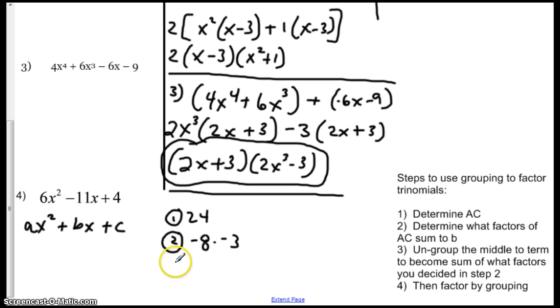Once I've made that decision, now I can ungroup this middle term so that I can do grouping. So we're going to separate negative 11x and make it negative 8x and negative 3x. So the first term stays the same. And then we break up the negative 11x.